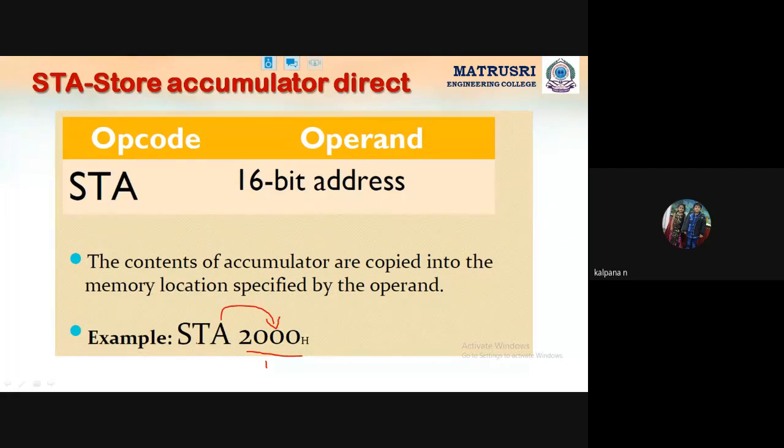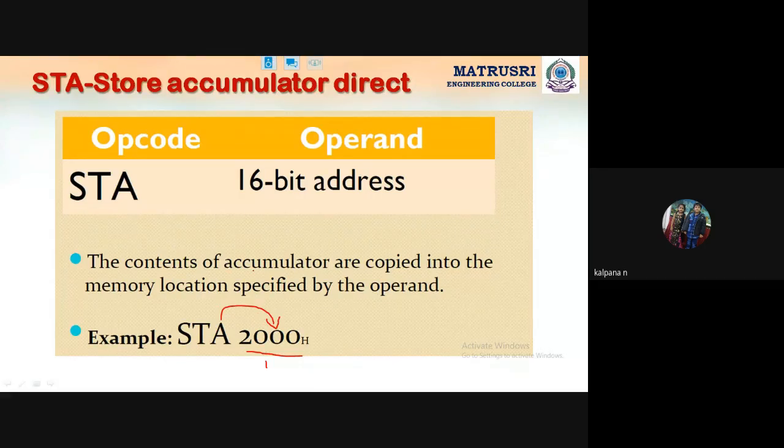But in store it is reversed. With STA 2000H, normally we would consider that the data at this address location is stored in the accumulator. But here in STA it is completely reversed. The data present in the accumulator is moved into the 2000H address location.